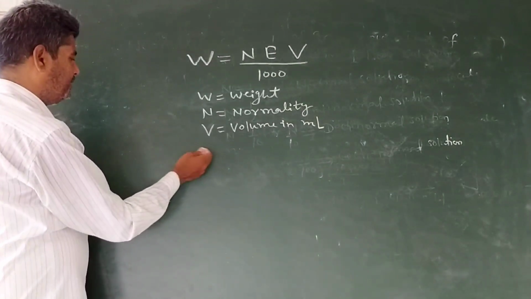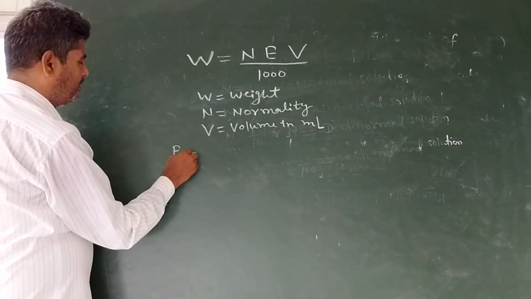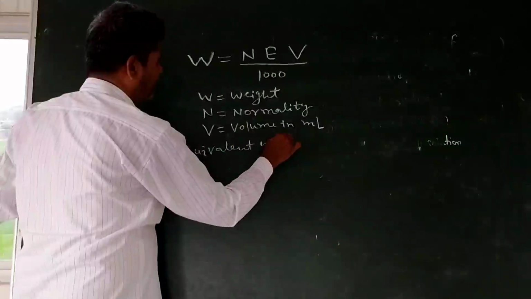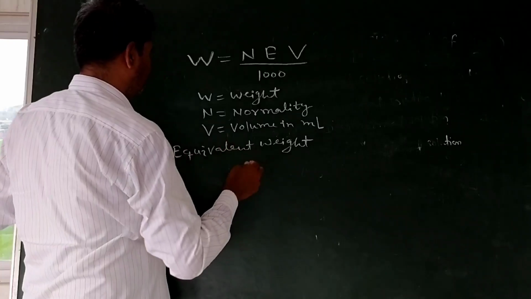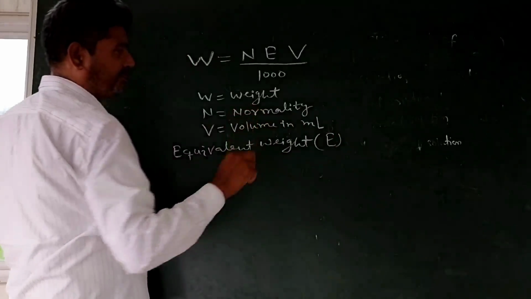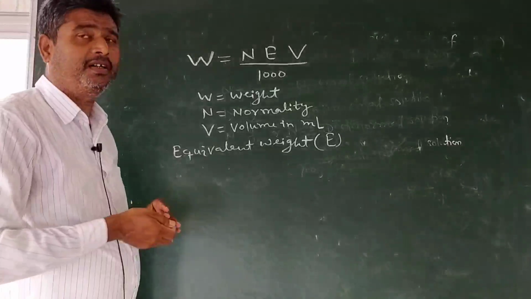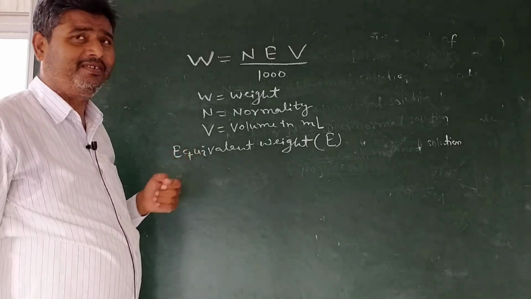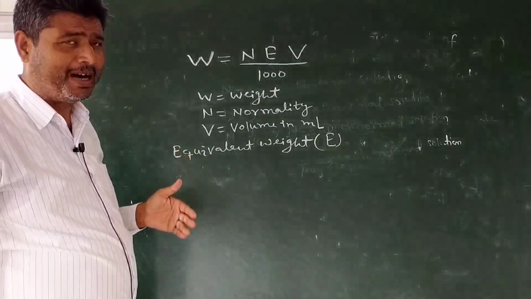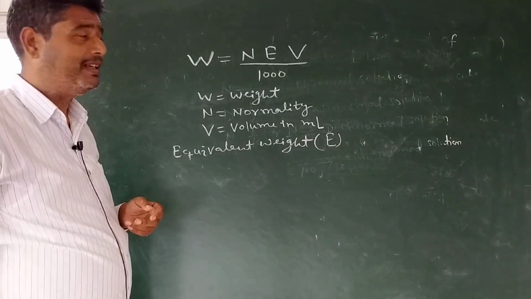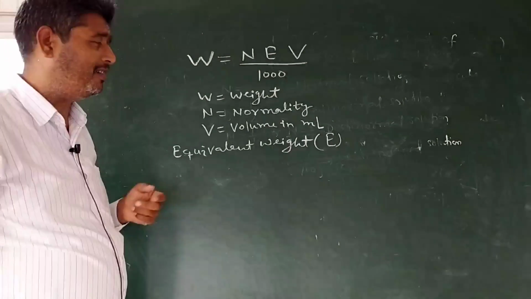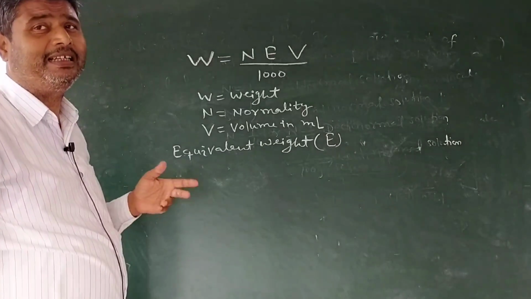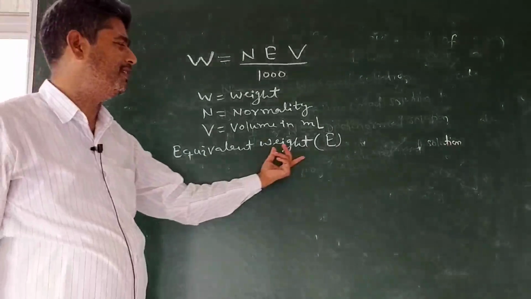Now equivalent weight, E. The number which is either combined or replaced 1.008 part hydrogen or 8 part oxygen or 35.5 part chlorine in any chemical reaction is known as equivalent weight.